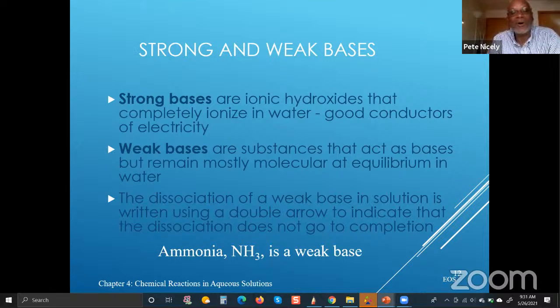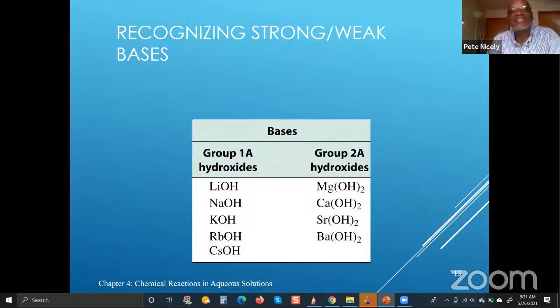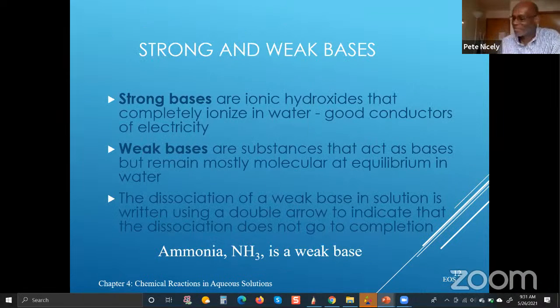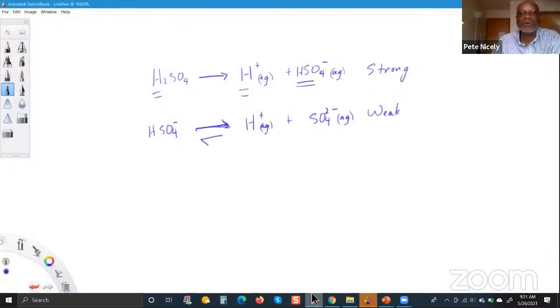Now, you might be wondering, okay, how come ammonia is a base in any way if the formula does not contain the hydroxide ion? And the answer is that in the case of ammonia, when ammonia is added to water, NH3, which is a gas, is added to water, this is what happens.